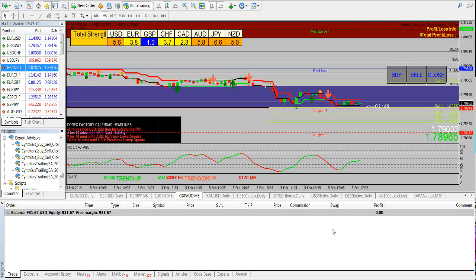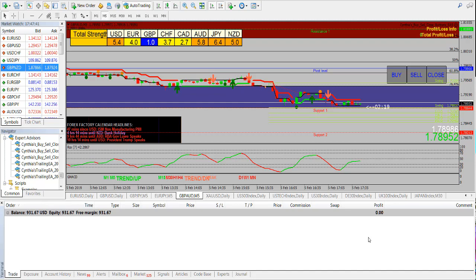So whether you're on a 1-minute chart or a 4-hour chart or a daily chart, your target for support 1 or support 2 or resistance 1 and resistance 2, for example, are going to be the same number of pips apart. It's not going to change depending on the time frame you're looking at. So that's nice because that gives you consistency and regularity you can count on or depend on.